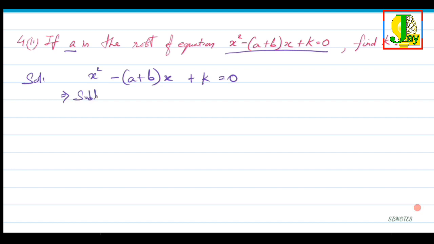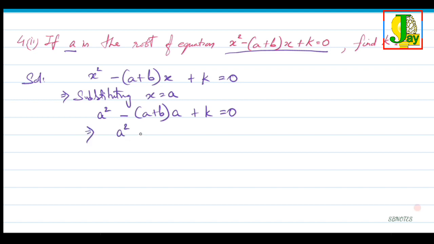So substituting x equals a, we get a² minus (a plus b) into a plus k equals 0. From here we're going to find the value of k in terms of a, right?